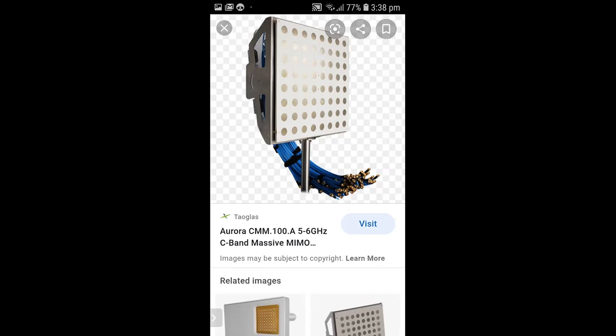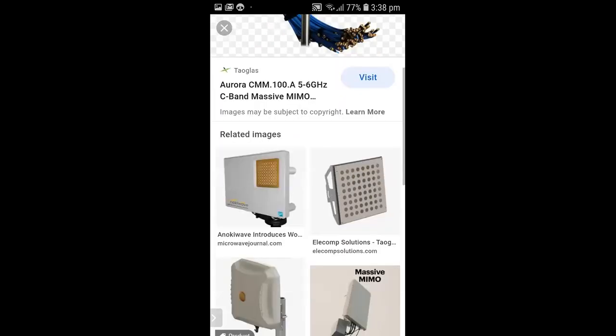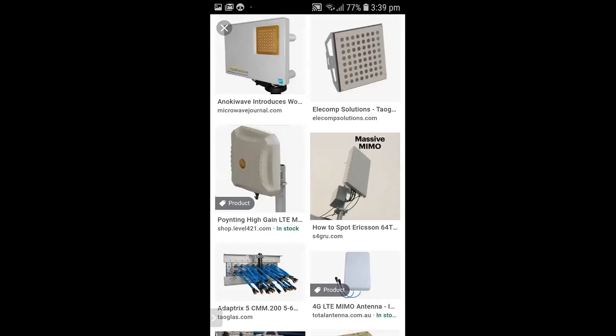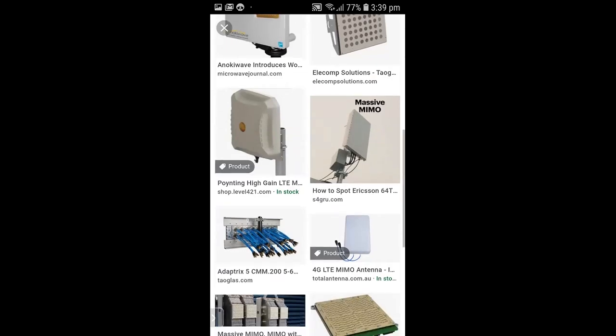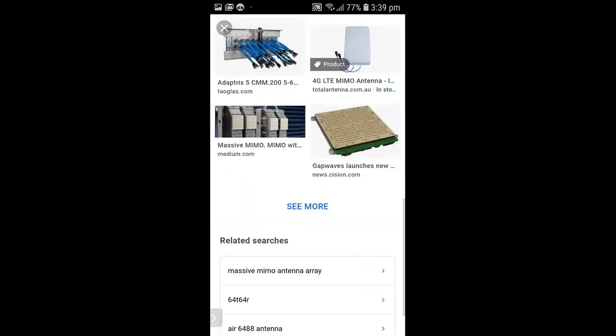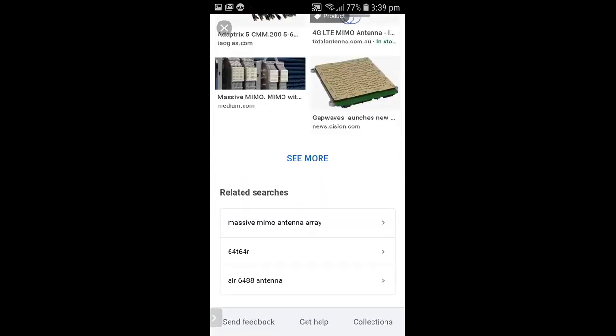And this thing is not very big. It's smaller than a street light, and it is mounted on simple poles. And here is another picture of the MIMO antenna. Most antennas are relatively smaller in size, but have much more capabilities.